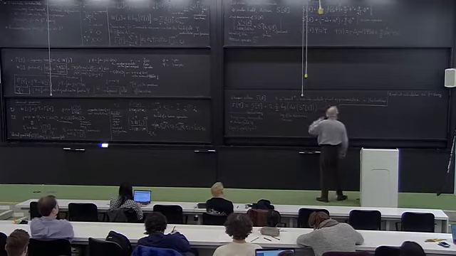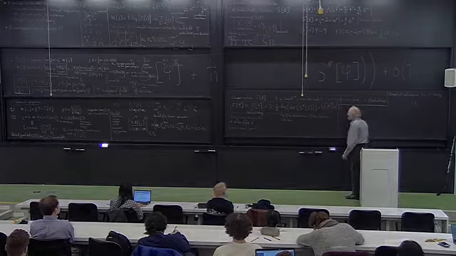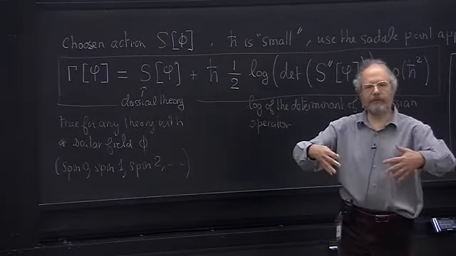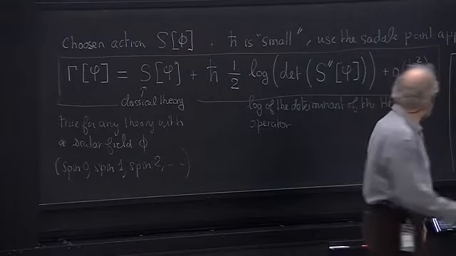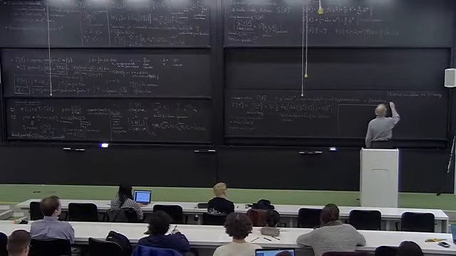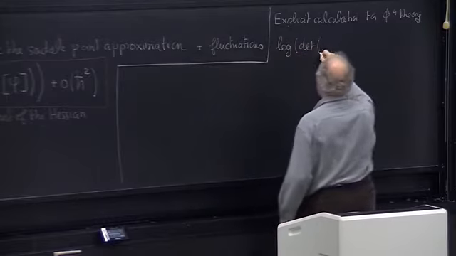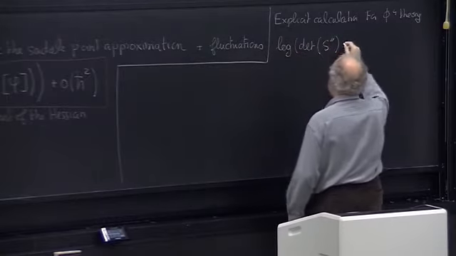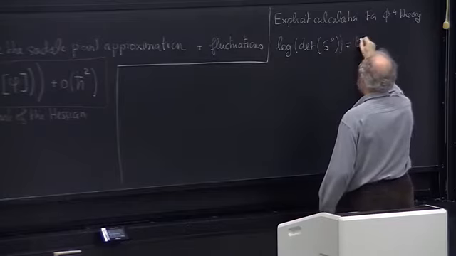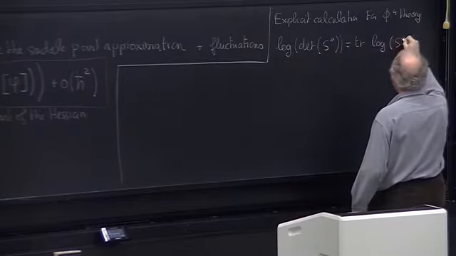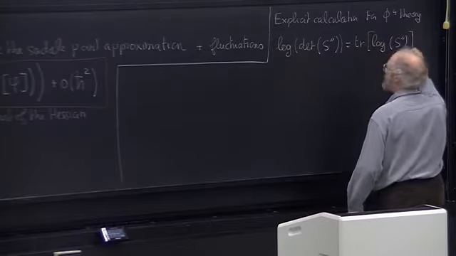Well, first, we are going to use a very simple formula, which is true for finite matrices. So we are going to assume that it's true for operators acting on functions, which is that the log of a determinant of an operator, here S, is just the trace of the log of the operator.